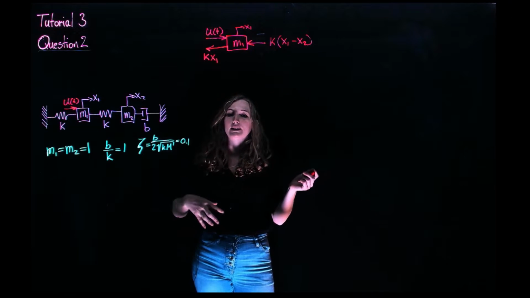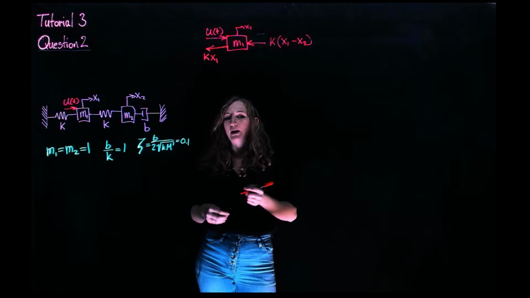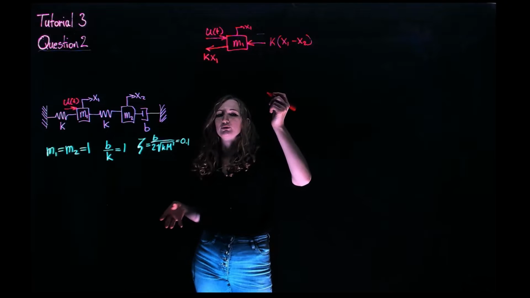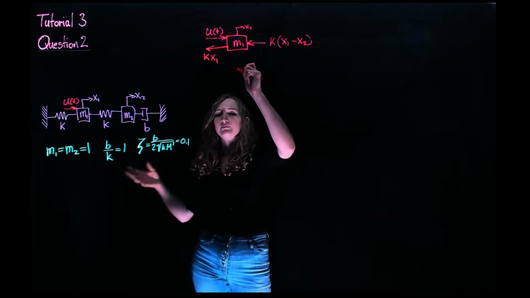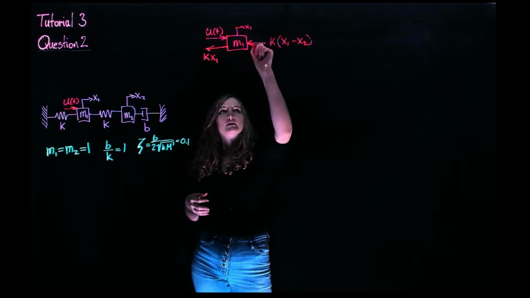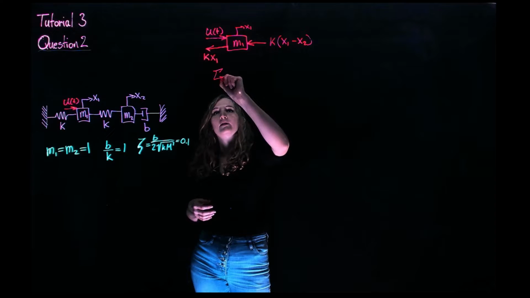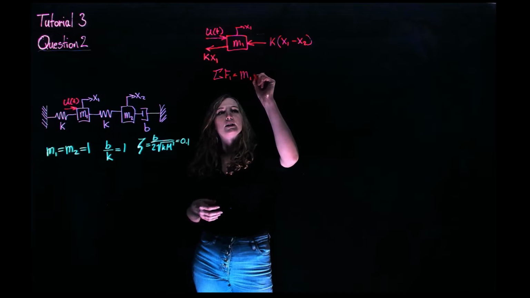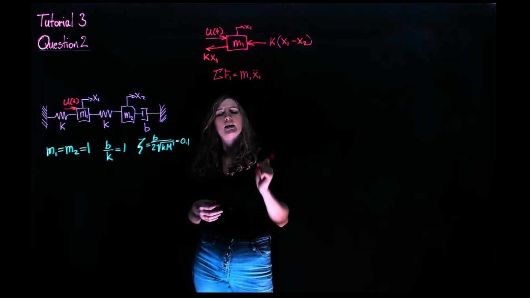And from that, we can sum all of the forces acting on our mass. Right now we are neglecting gravity because we weren't told what plane this is in. So the sum of forces is equal to mass 1 times x1 double dot.